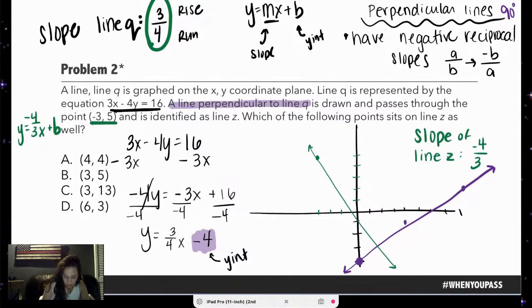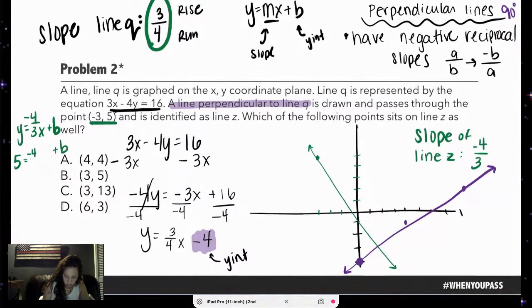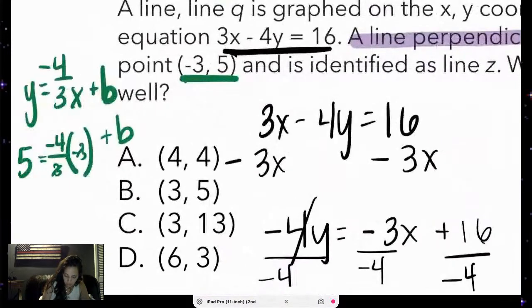So if I plug in negative 3, 5 into that equation, the 3's are going to cancel out, and I'm going to get 5 equals 4 plus b.